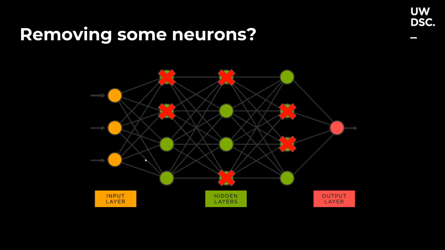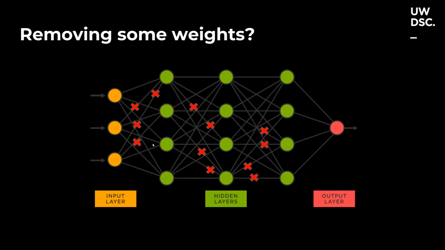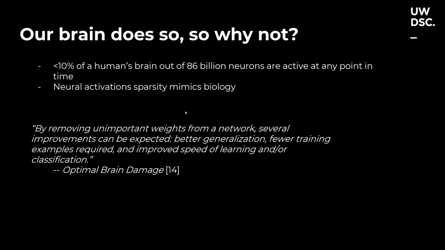And what if we just remove neurons from the architecture? Can we do that? Or we can just remove some useless connections, or just randomly remove some connections to maintain similar performance. And even our brain does so, so why not?